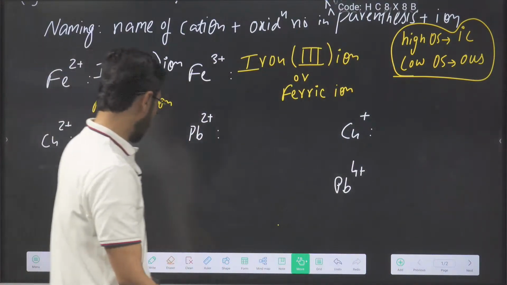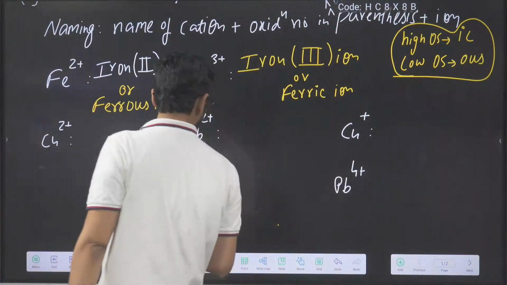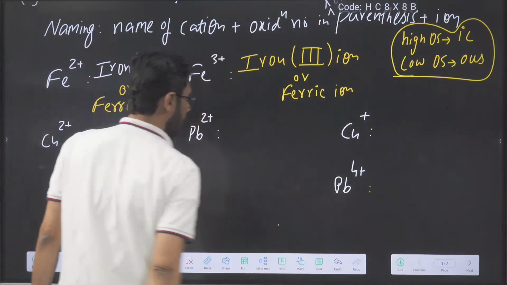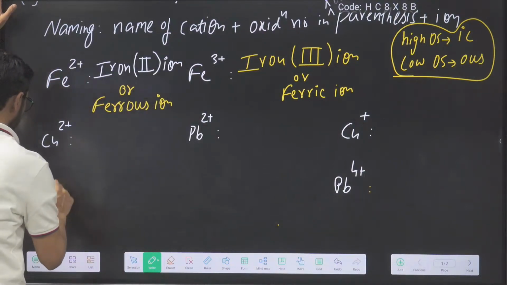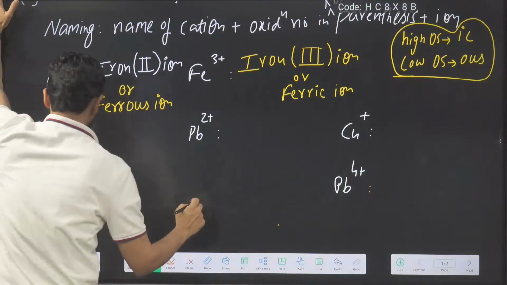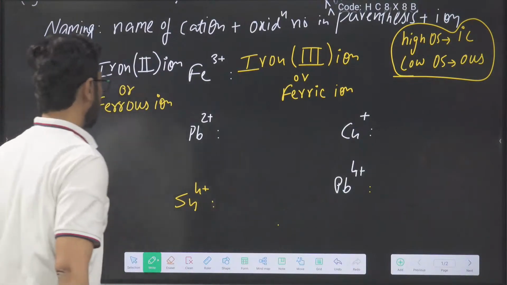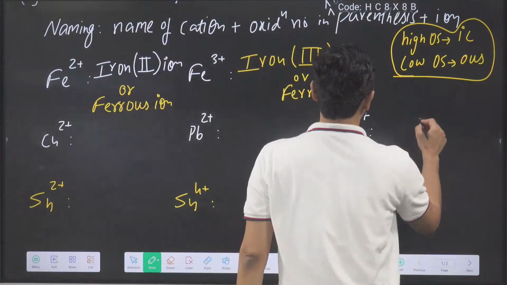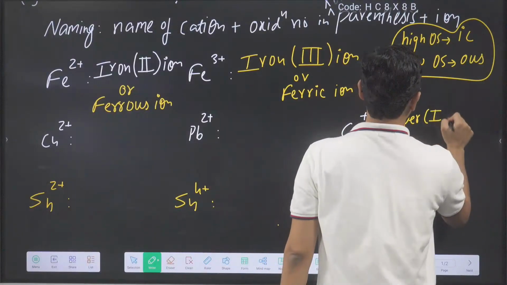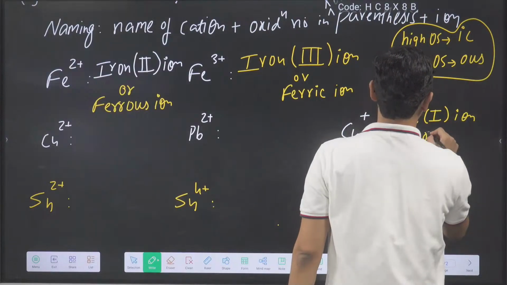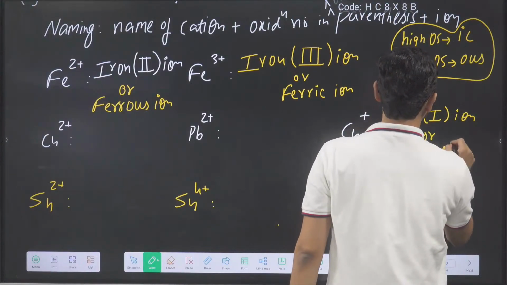Similarly, copper +1, copper 2+, lead +4. Cu+ is copper(I) ion.